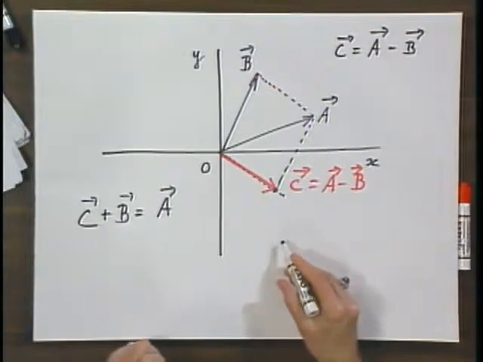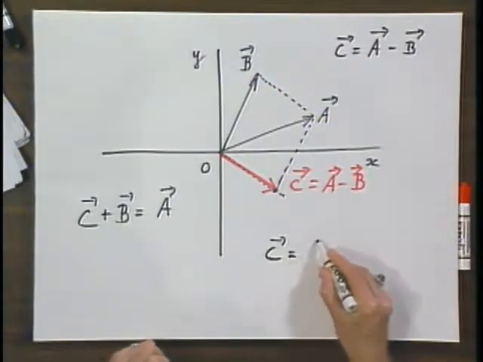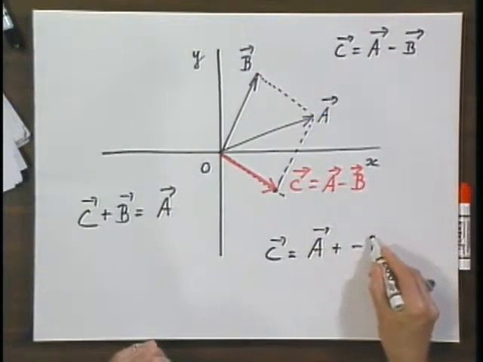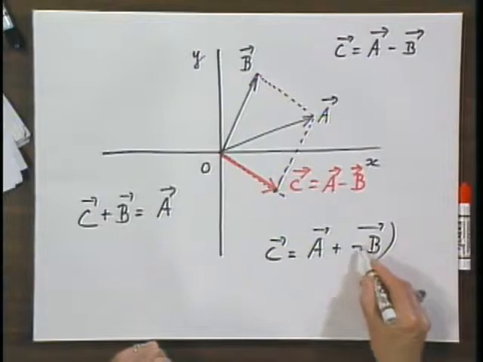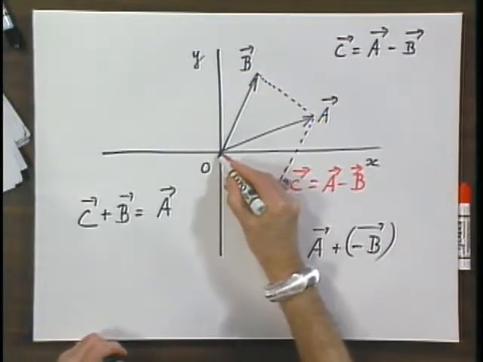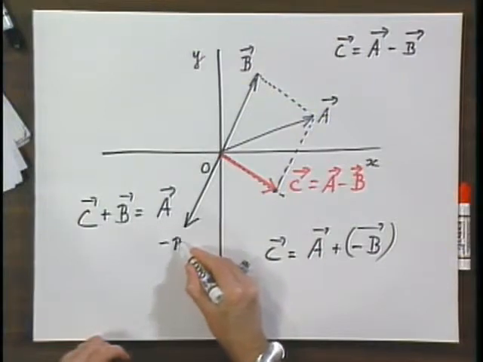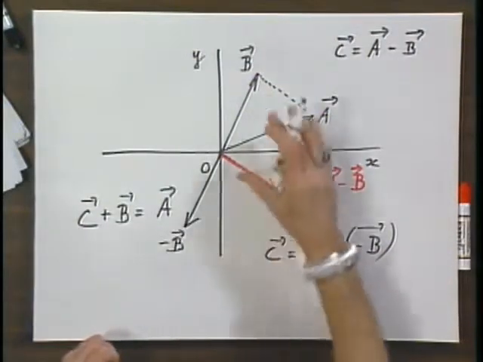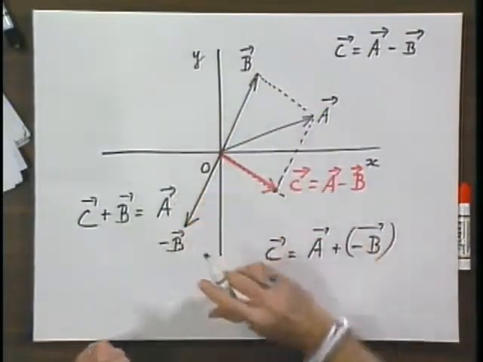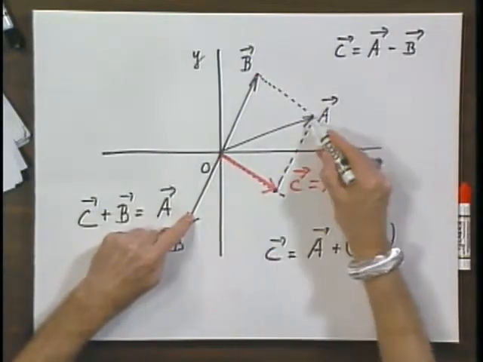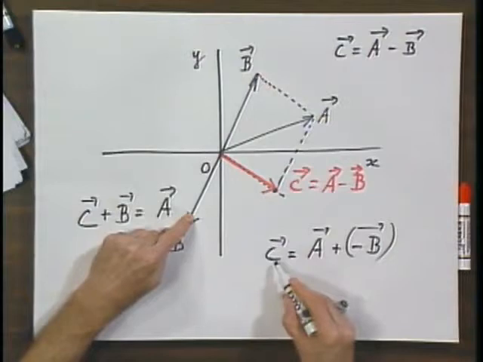Another way of doing it is saying, aha, c is also a plus minus b. So minus b is this vector, the same as this one with 180 degrees flipped over. Now I have to add this vector to a to find c.